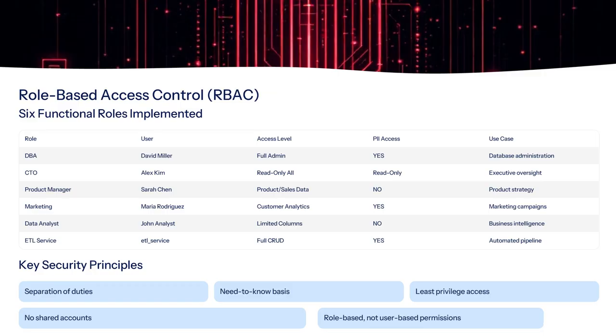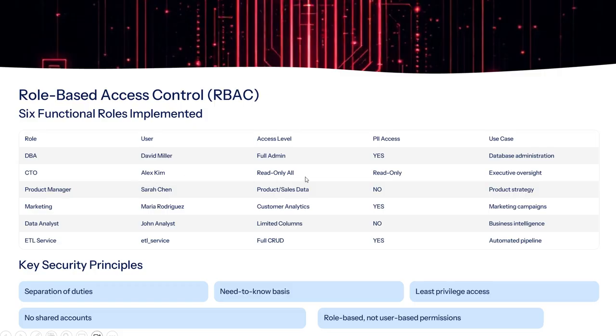So there's the DBA role that we have given to David Miller. He has full admin access and will help in database administration. Then we have the CTO role for Alex Kim.